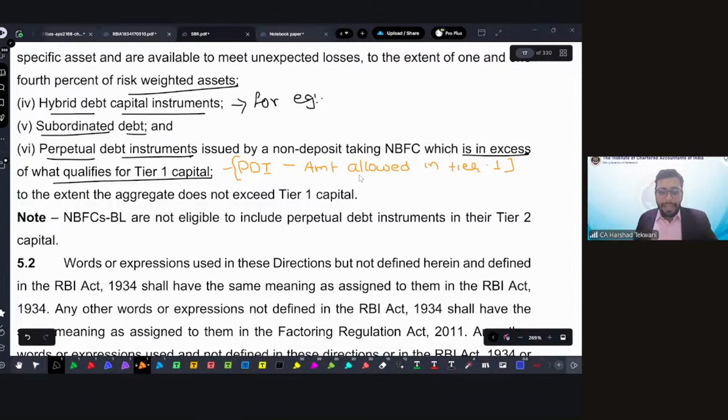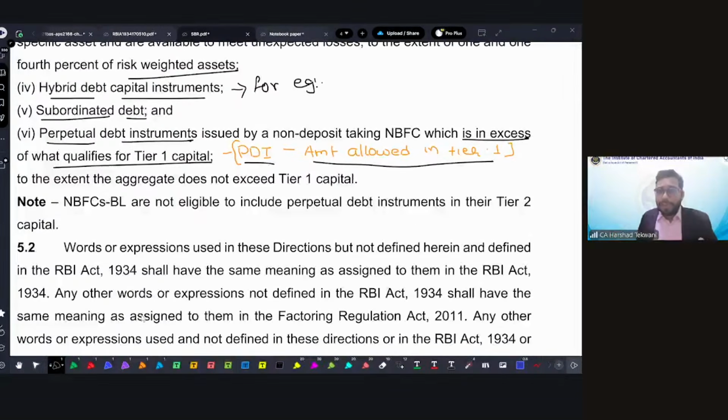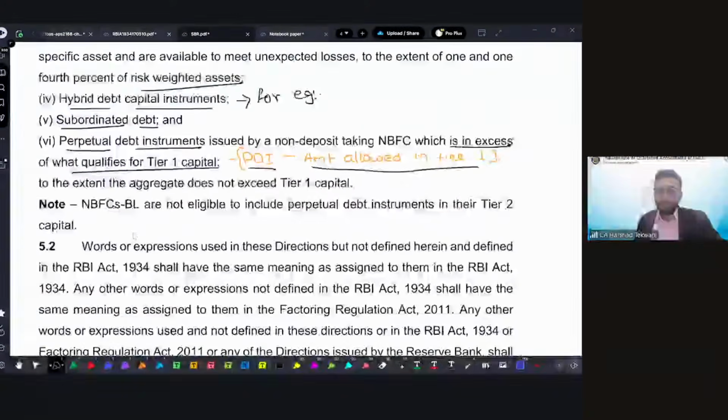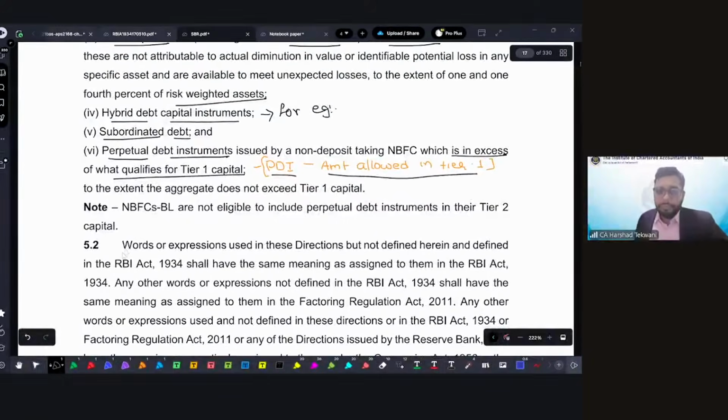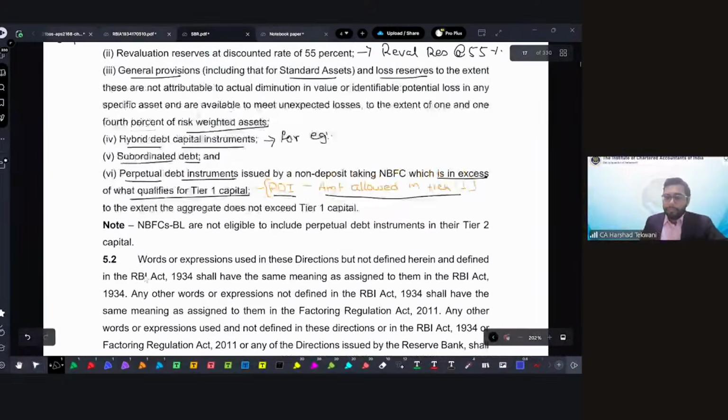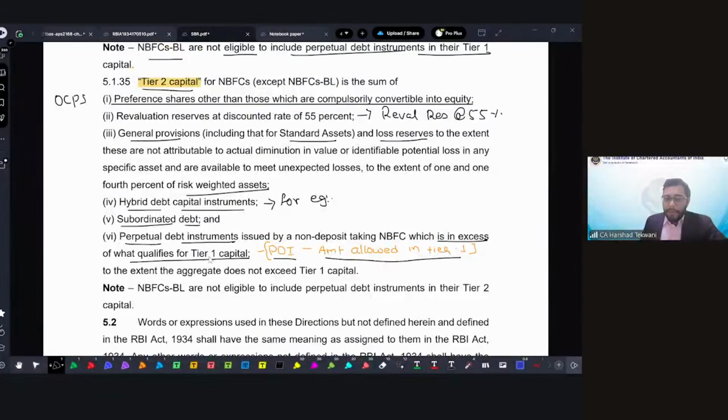So you take the tier 1 amount which is allowed in the name of perpetual debt instrument, reduce it from the total perpetual debt instrument amount, and whatever is left will be allowed in tier 2. Clear?